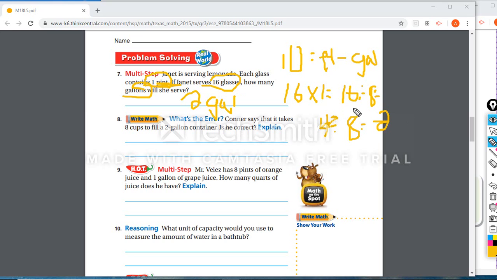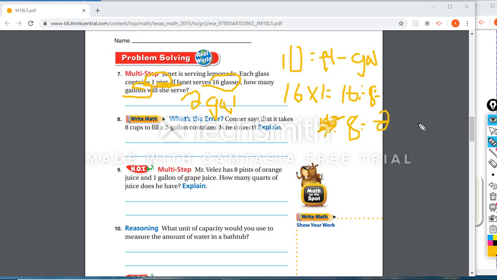So look what I did. I got the pints, and I figured out how many pints in a gallon, and refer back to your chart. We know it takes 8 pints to make a gallon. The easiest error here is confusing pints with quarts. It takes 4 quarts to make a gallon.